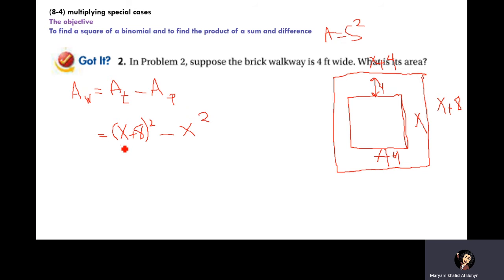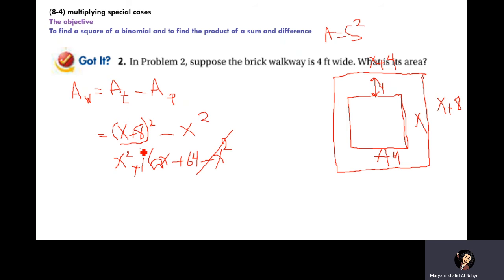Now I will use the previous lesson that I showed you: x squared, plus 2 times first times second, which will be plus 16x, plus 64, the last one squared, minus x to the power 2.